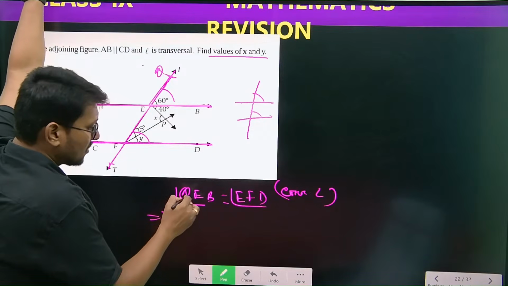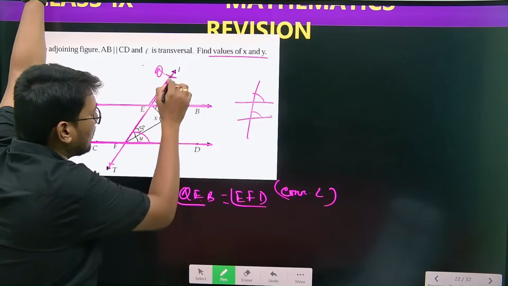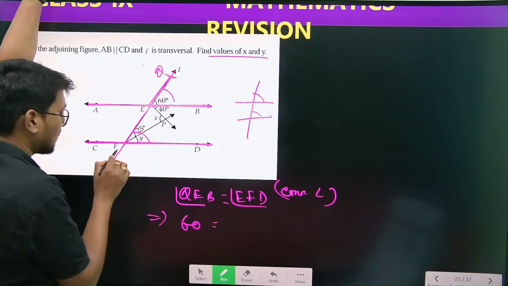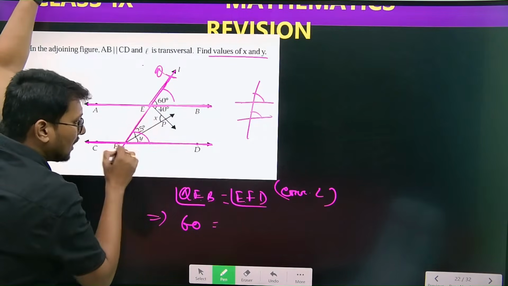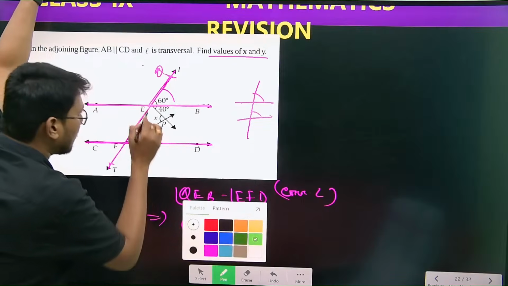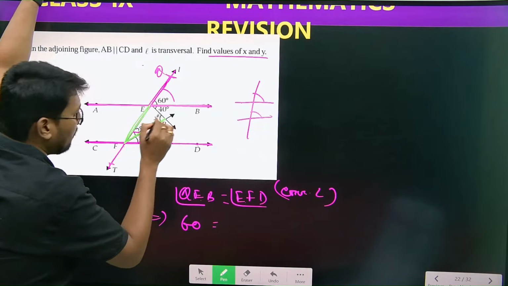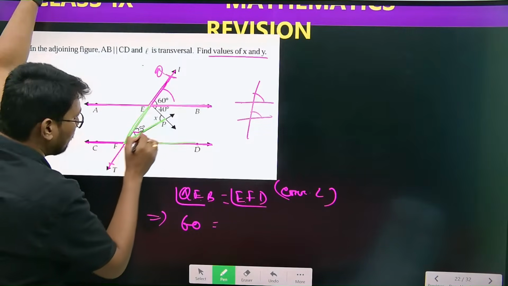QEB is given as 60. I'm writing 60 equals EFD. Check carefully: EFD is divided into two parts, one is EFP, the other is DFP.